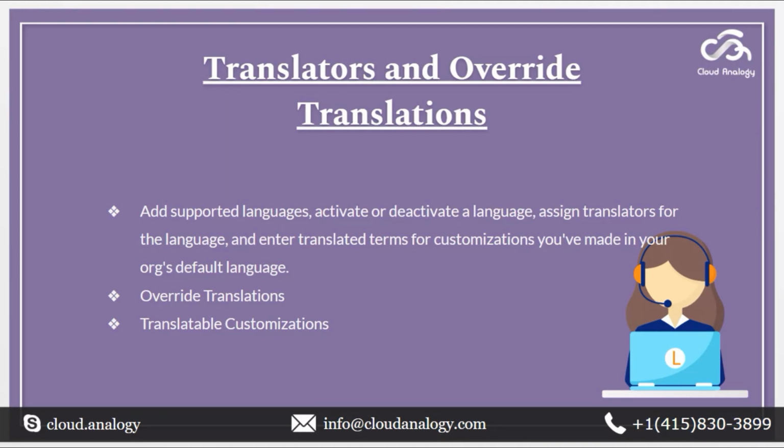For example, we can translate actions, custom fields, data categories, flows, lookup filters, record types, etc. We can override translations for custom objects in namespaced and unlocked packages, and second-generation managed packages. For example, override the label on a custom field or a workflow task. Also, we can't override translations for standard objects in packages.